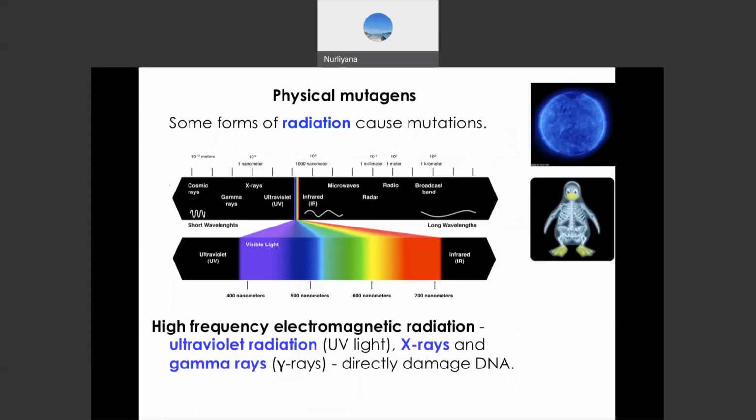Physical mutagens are examples of radiation like UV light. Please be very careful with UV light. There are some reported incidents of students being exposed to UV light. They don't really pay attention to the SOPs and the MSDS sheet.